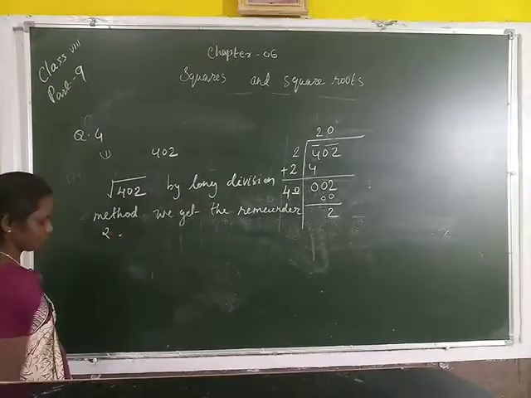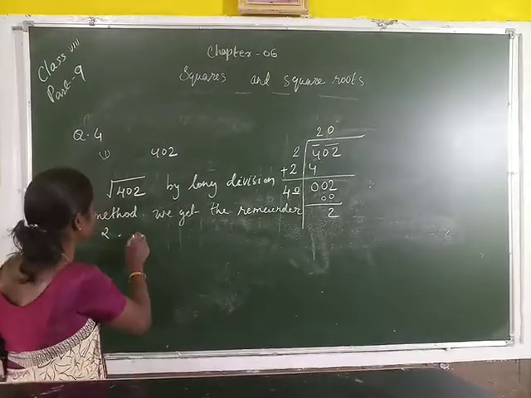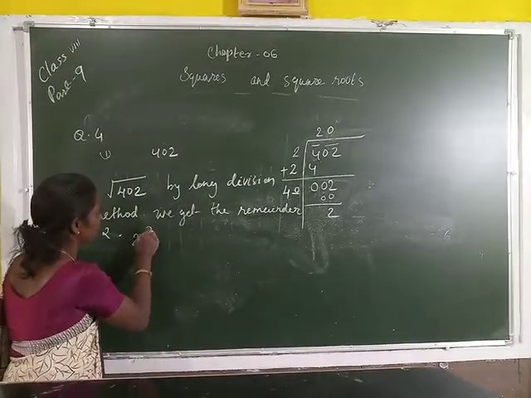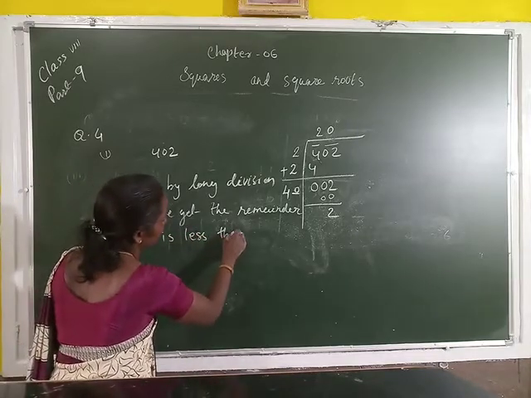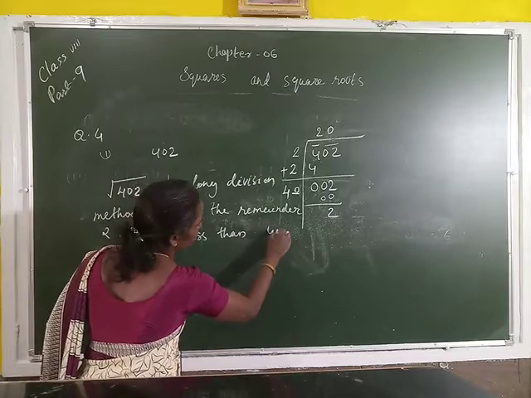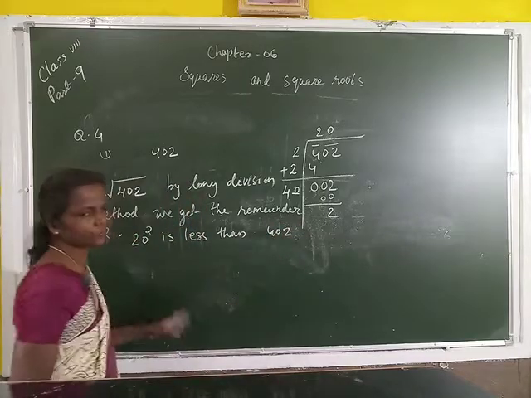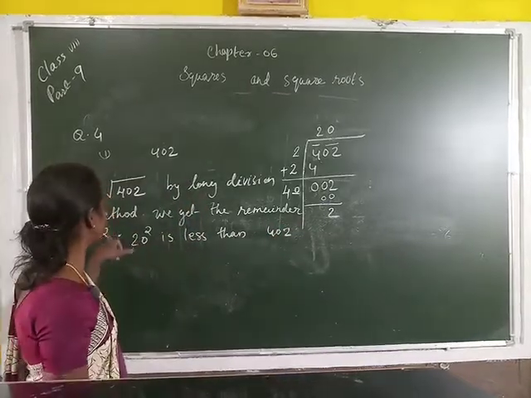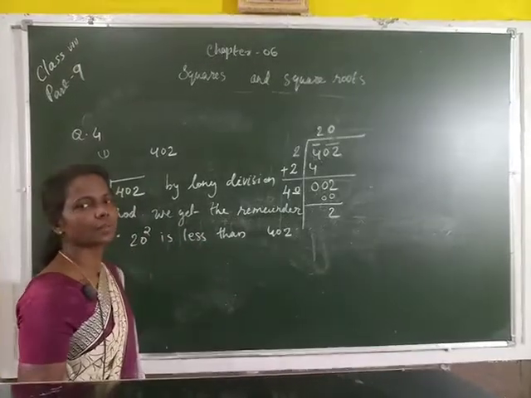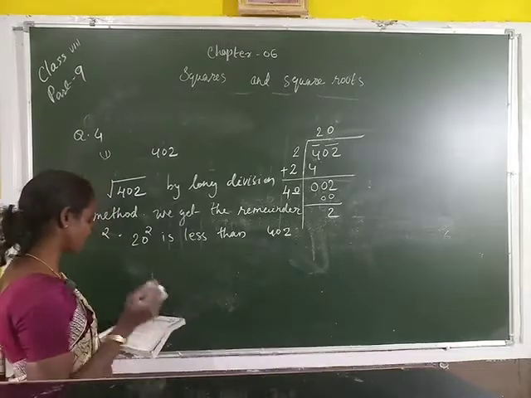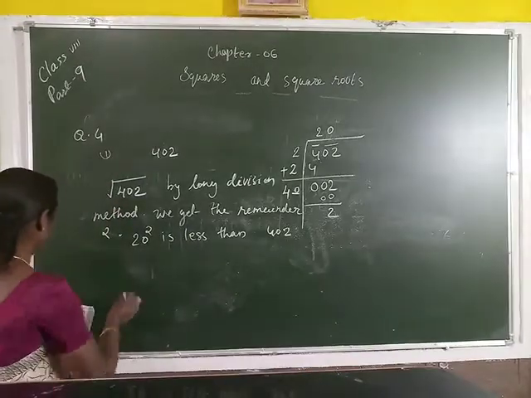Remainder 2. Then here 20 square is less than 402. So this 2 is subtracted from 402. We will get a perfect square. So we can write it.